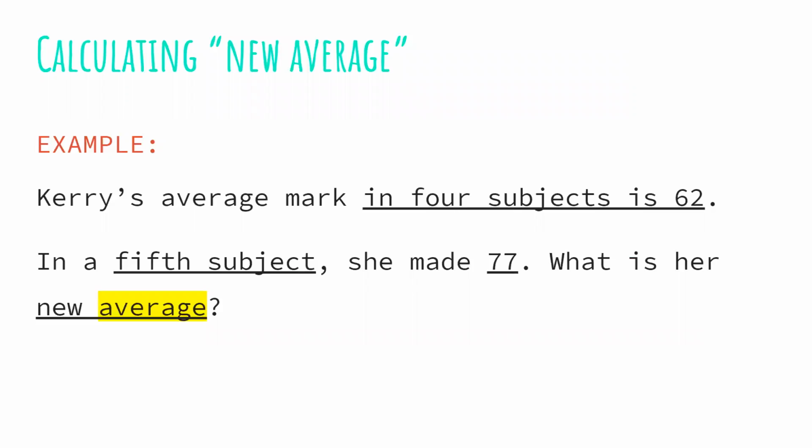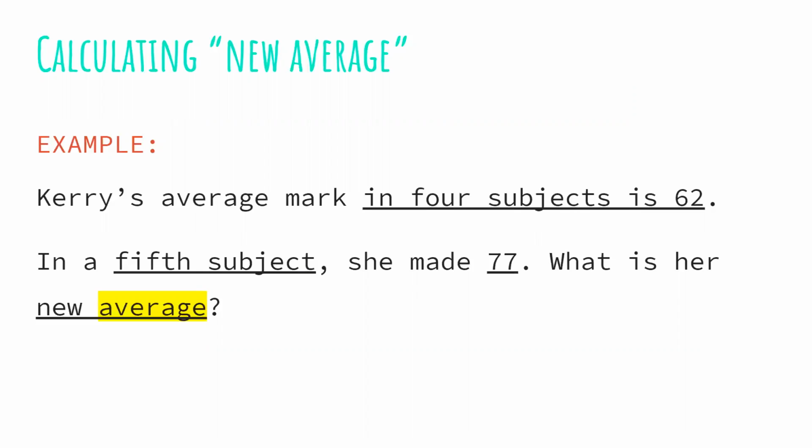We know that if we multiply the mean by the number of values, it will tell us the sum of Carrie's marks in those 4 subjects. I know this process seems lengthy, but once you practice this strategy, it happens quickly.